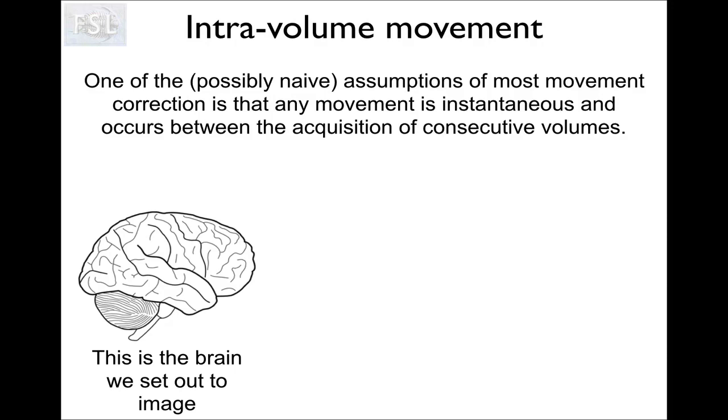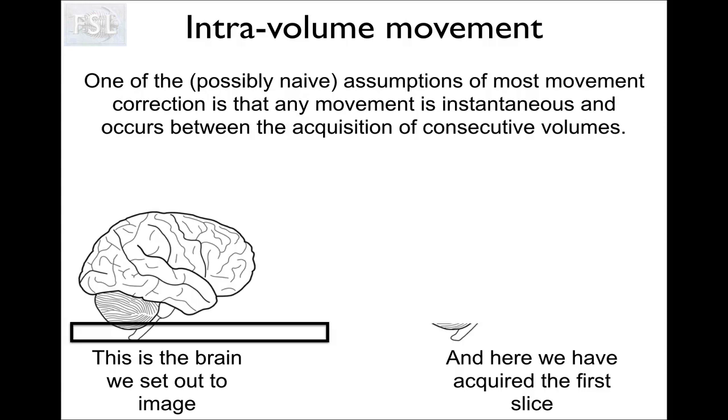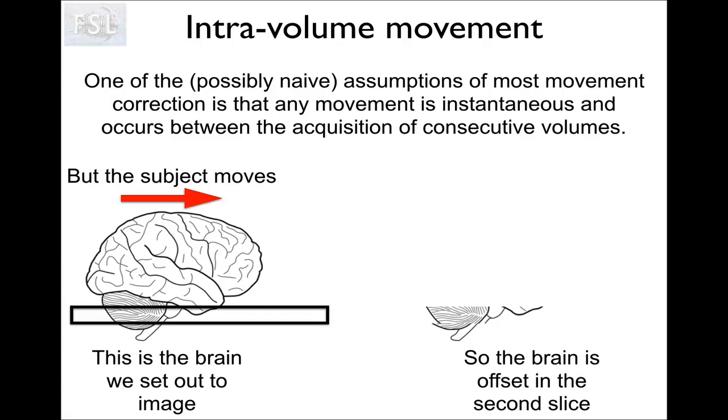Okay, so what happens if this is not true, i.e. if the subject moves while we're acquiring a volume? So this is the brain we set out to image. Then we acquire the first slice. But now the subject moves. And then we acquire the second slice, so the second slice has been offset relative to the first slice.